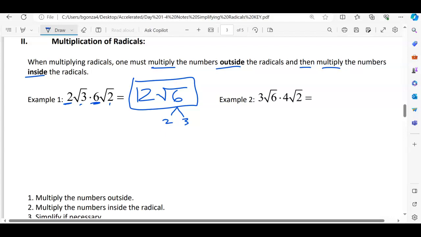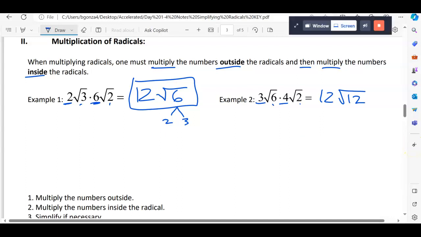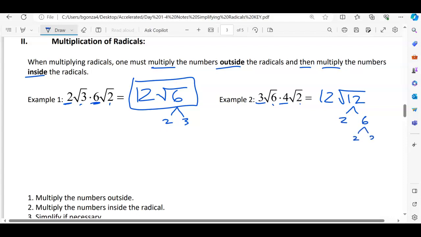Try example 2. Outside times the outside. 3 times 4 is what? 12. 3 times 4 is 12. And then the inside, 6 times 2 is also 12. So is that my final answer? Well, let's take that 12 and break it down, if we can. 12, does 2 go into 12? 2 times 6, and 6 is even. 2 times 3.